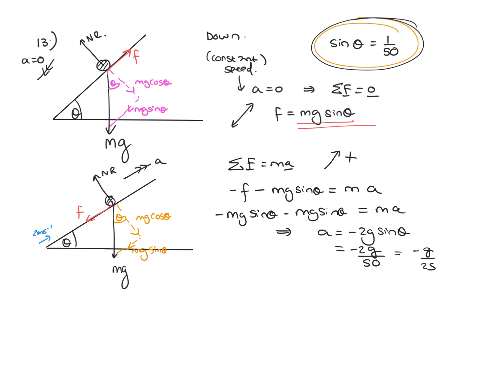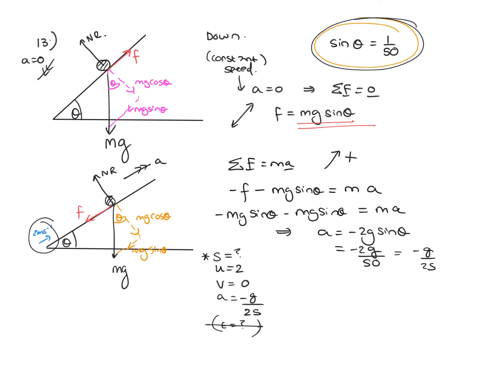And how far will the sledge travel up the slope? Well, s is what we're looking for. u is 2. We were told that we start at 2. v is 0 because we're travelling to rest. a is minus g over 25, and t, question mark, and we don't need to calculate the time either.